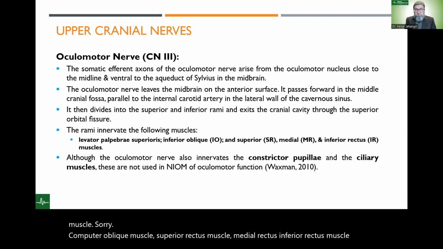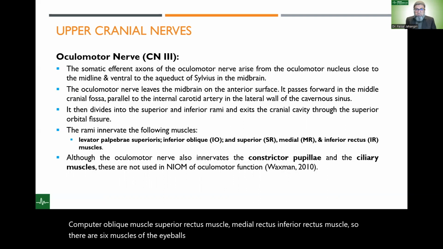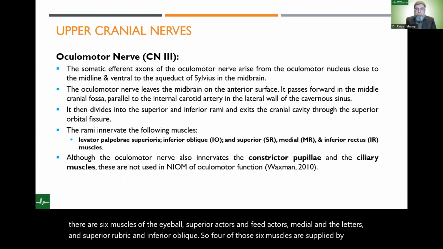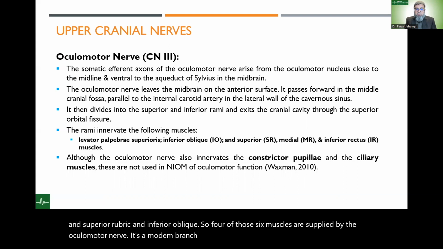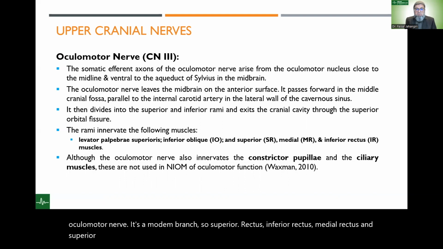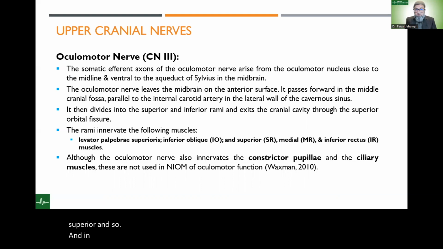So there are 6 muscles of the eyeball: superior rectus, inferior rectus, medial and lateral rectus, and superior oblique and inferior oblique. 4 of those 6 muscles are supplied by the oculomotor nerve. It's a motor branch: superior rectus, inferior rectus, medial rectus, and inferior oblique. So those are the 4 muscles supplied.